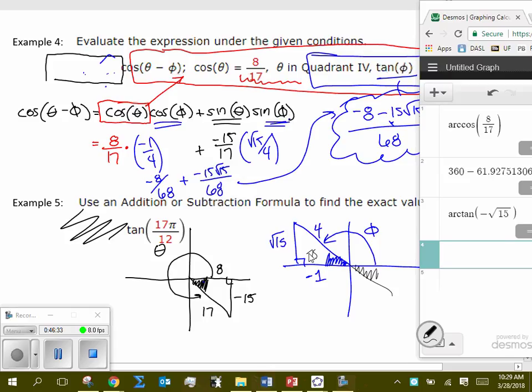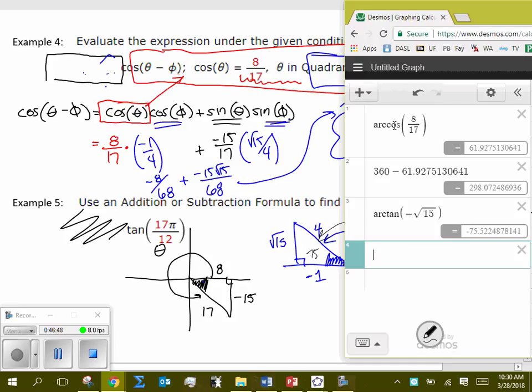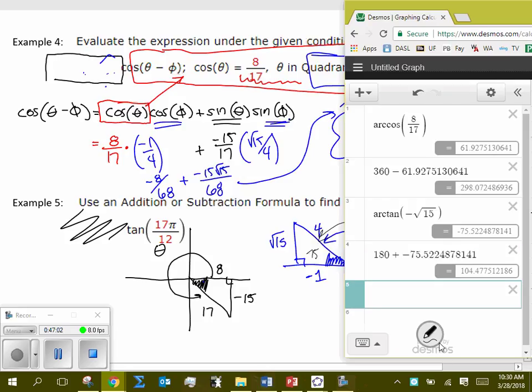So this angle here is also about 75. Okay, so how do I find phi then? How do I find that phi? Okay, I'm going to take 180 minus 75. So 180, now I'm going to write plus, but then I'm going to copy this negative number, so that's still subtraction. And it gives me 104.477.